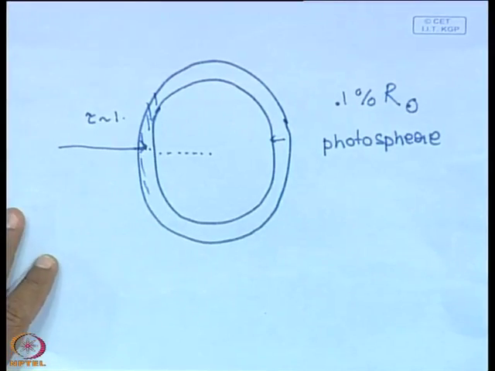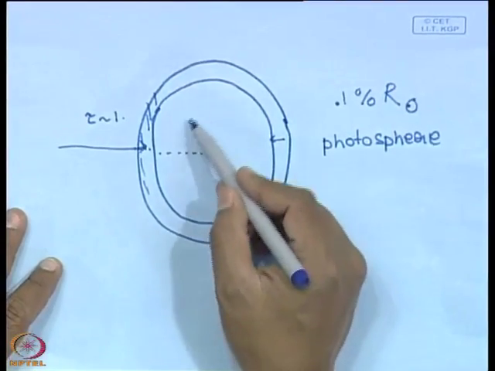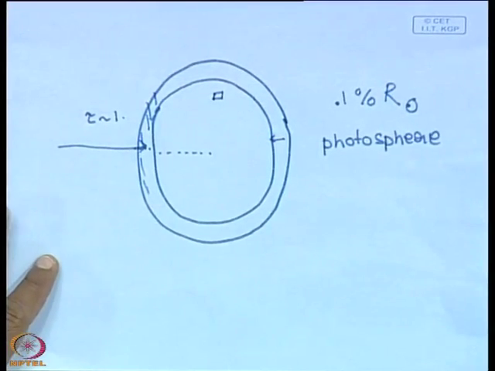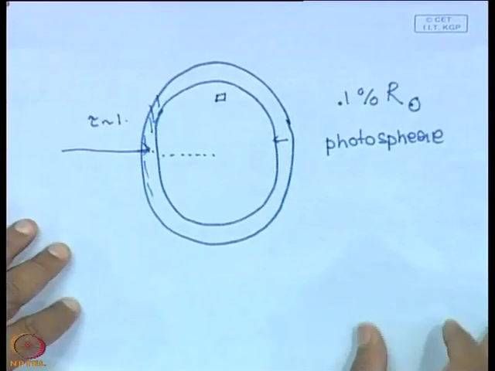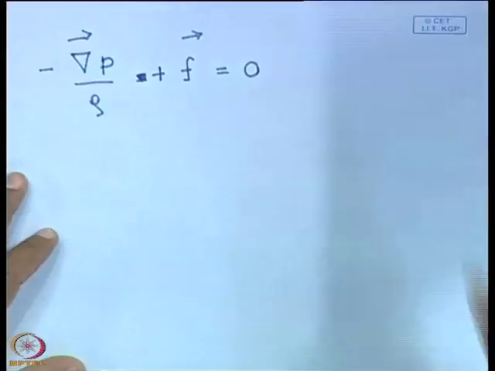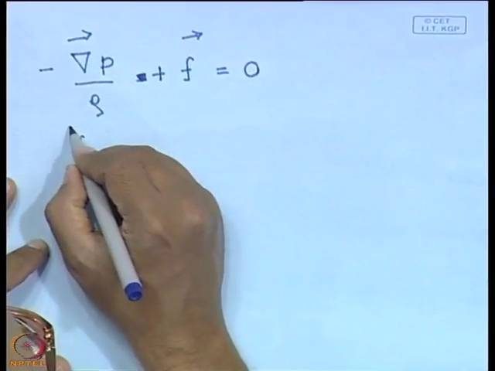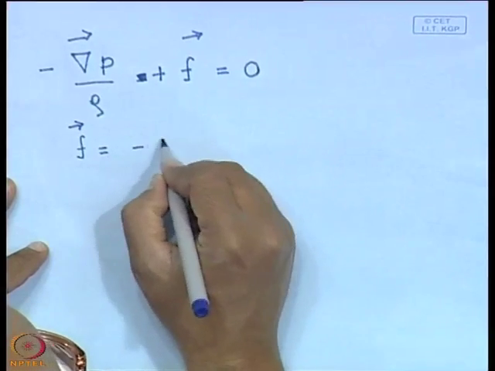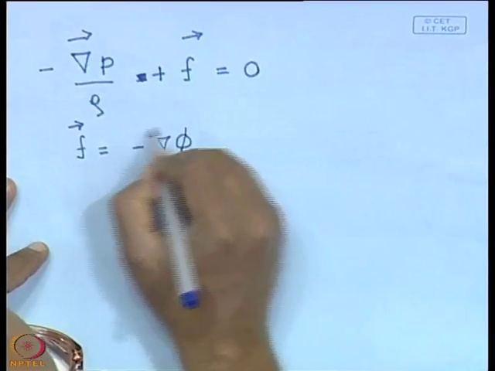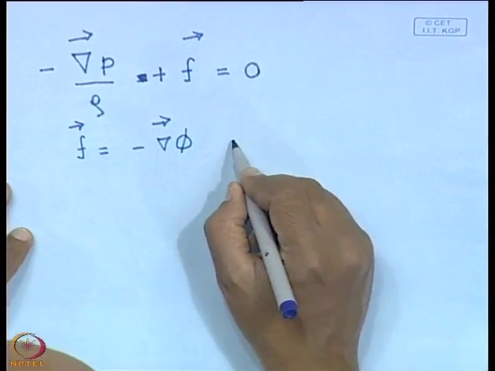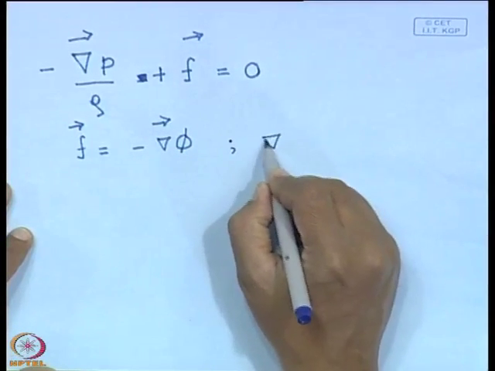Now, in the situation that we are dealing with, the force per unit mass on any element of this fluid is essentially the gravitational force. So, we can represent the gravitational force in terms of a potential, minus grad phi, where the potential satisfies the Poisson equation.